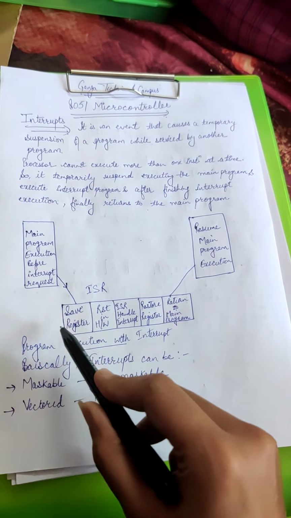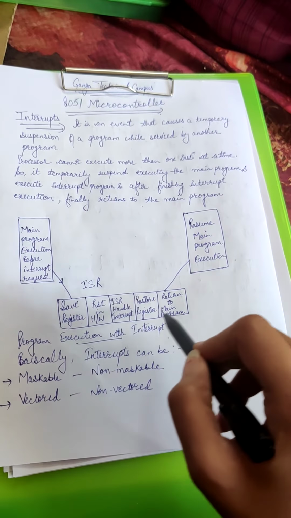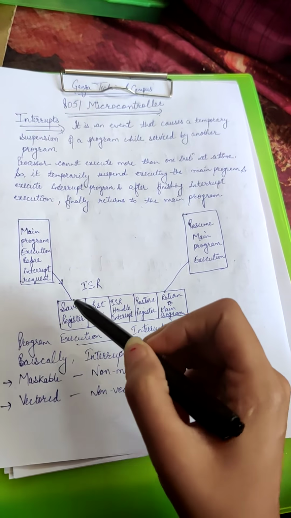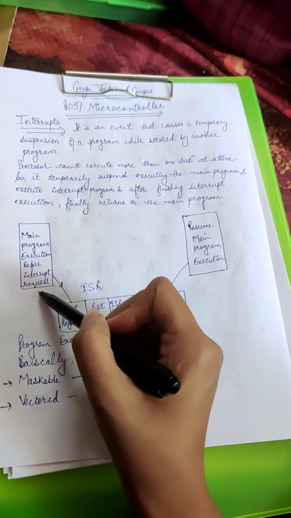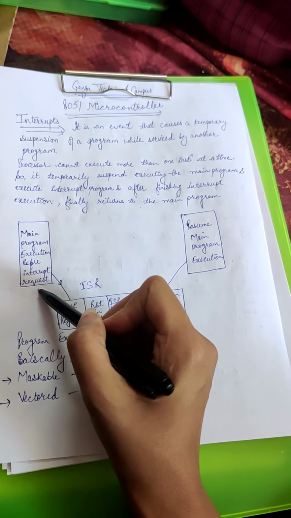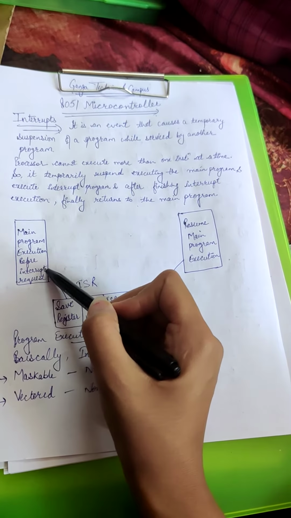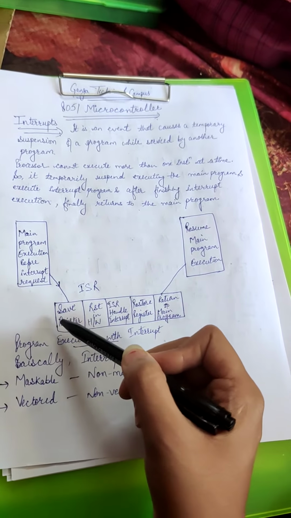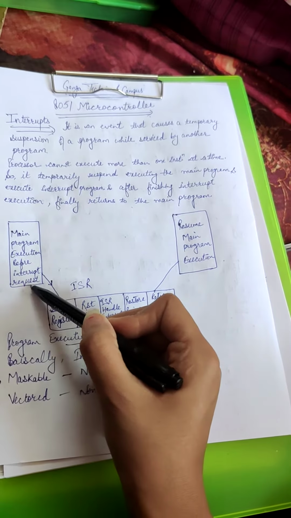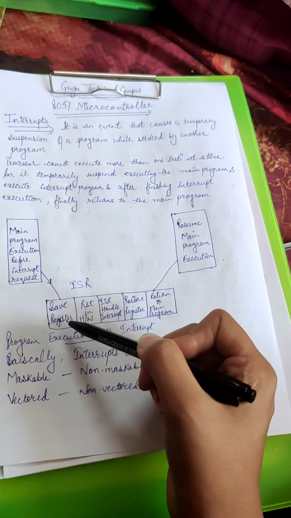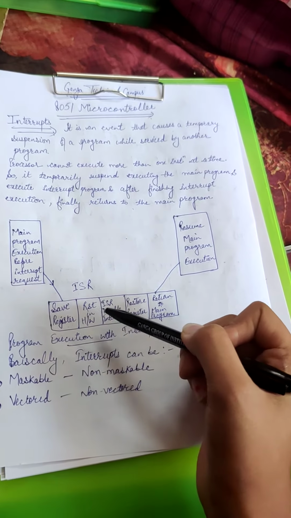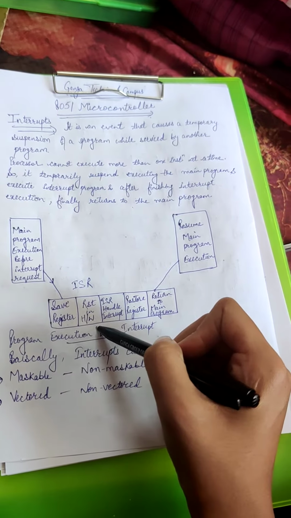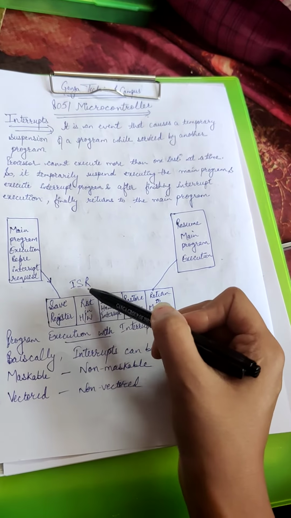These are the steps for the execution of the interrupt. While we are executing the main program, before the interrupt request, it's starting initially. Then when we get an interrupt request, we have to save our data in a register or stack and then reset its hardware, and then we have to call the ISR.